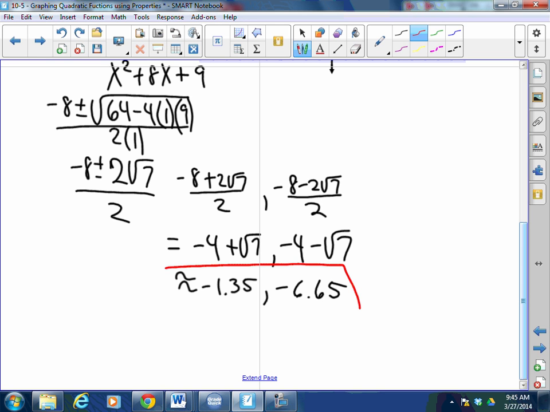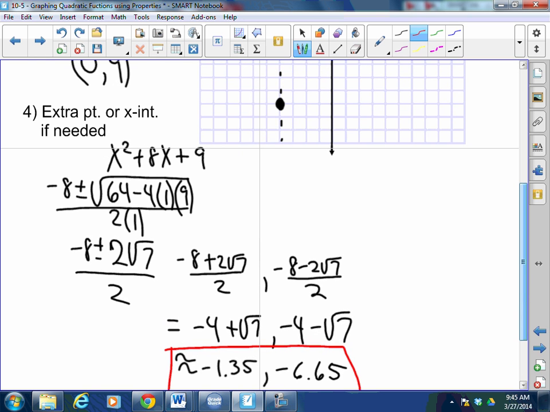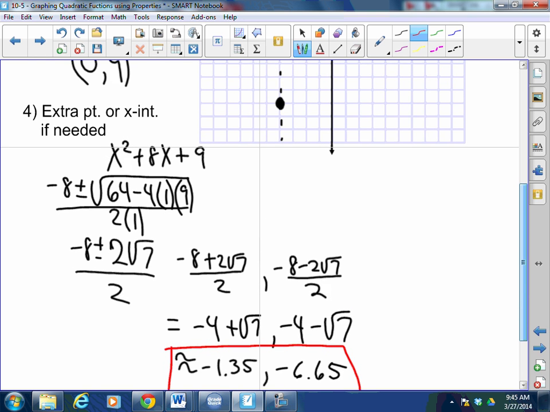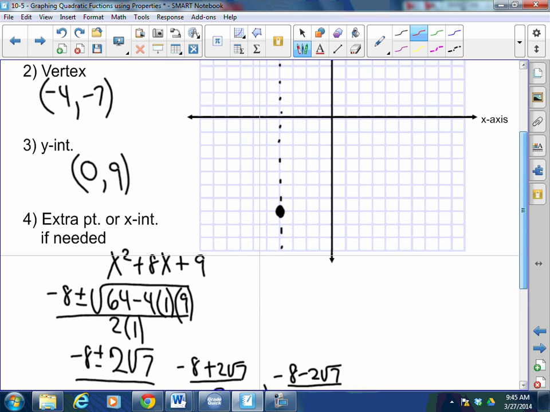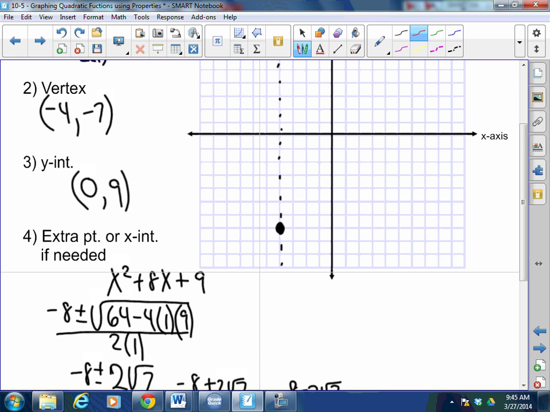So these are my solutions. Hold on, let me finish and then you can ask me, okay? So negative 1.35 and negative 6.65. So negative 1.35 is like about here. And negative 6.65, 1, 2, 3, 4, 5, 6, it's like about here.